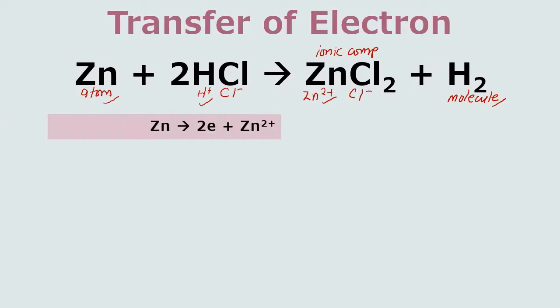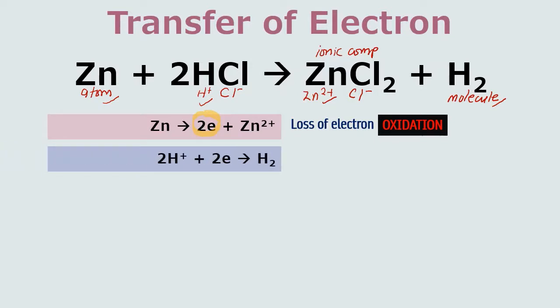Now, look at the half equation. Zinc atom releases electrons. Therefore, it is said that zinc atom undergoes oxidation. While what happens to hydrogen ions? Hydrogen ions receive electrons. It is said that hydrogen ions undergo reduction.